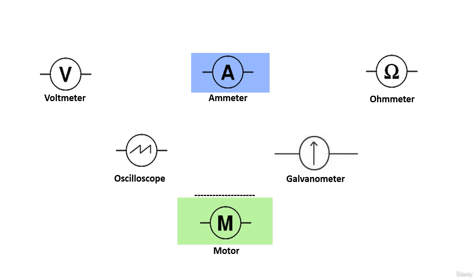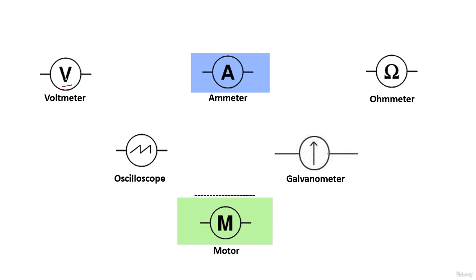So here we have meter devices, the devices that we use to measure some values. For example, this symbol V, as you see, is the voltmeter or the multimeter.